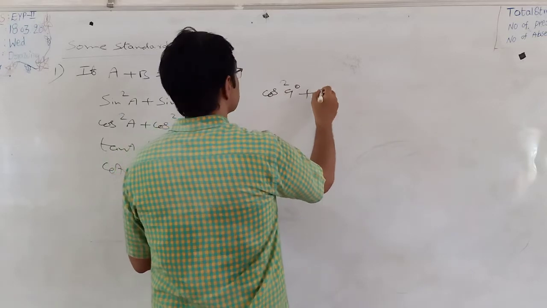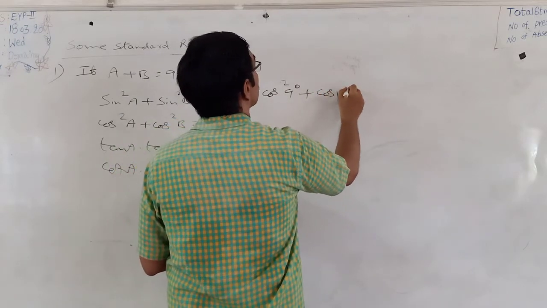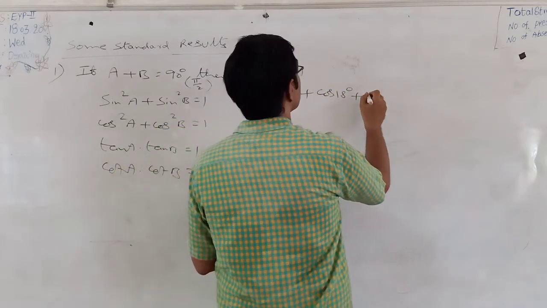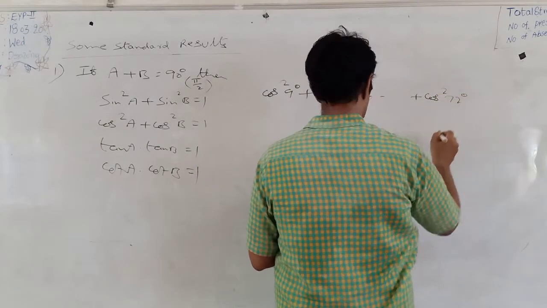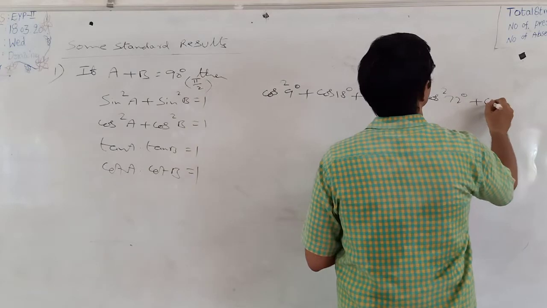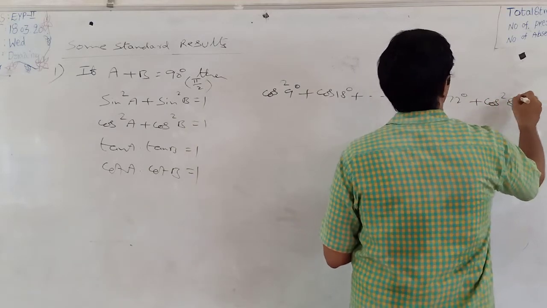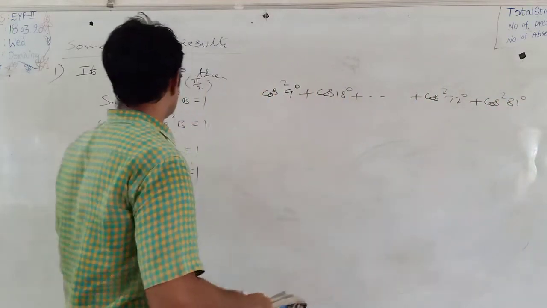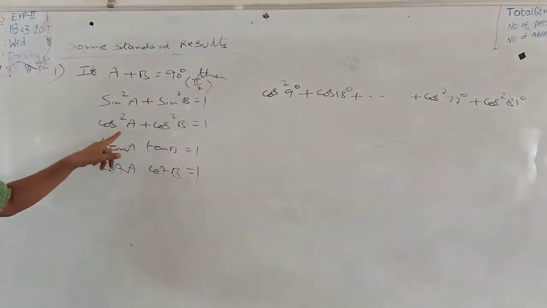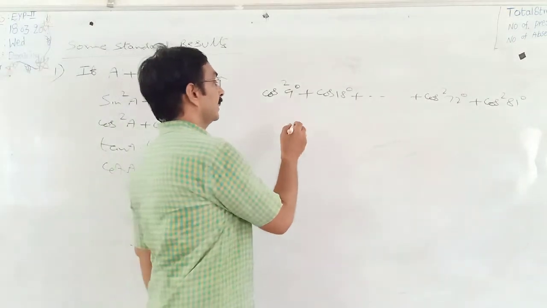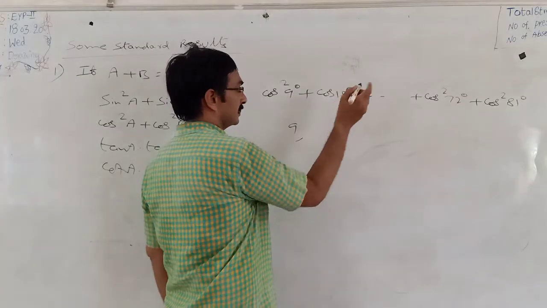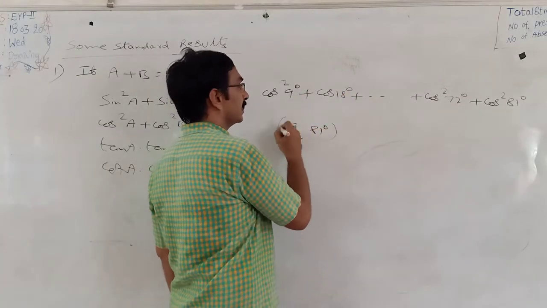Cos square 9 degrees plus cos square 18 degrees plus and so on, cos square 72 degrees plus cos square 81 degrees. So a plus b equal to 90 degrees, then cos square a plus cos square b is also 1. Clearly check: 9 degrees, last one 81 degrees.